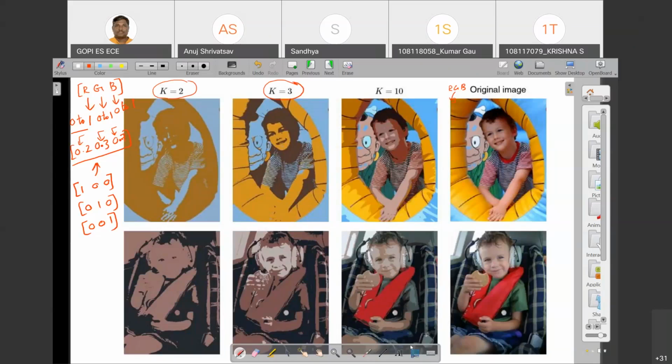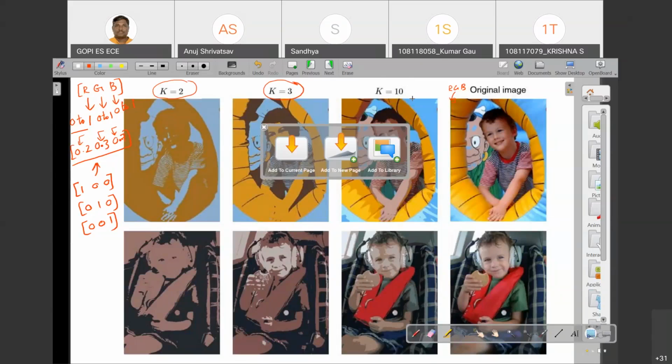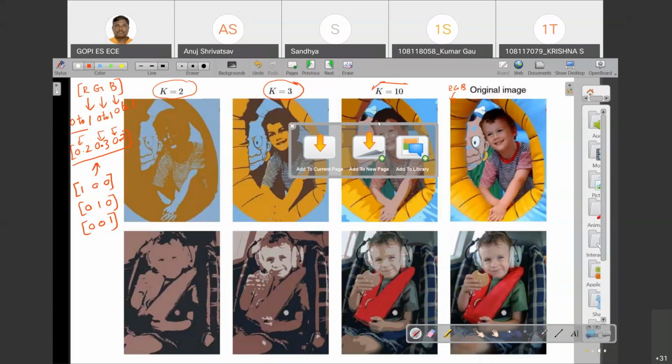You see that we have different clusters here, k equal to 10, and then we have the original. With just 10 clusters happening here, you are going to reconstruct the image using the mean vectors alone.